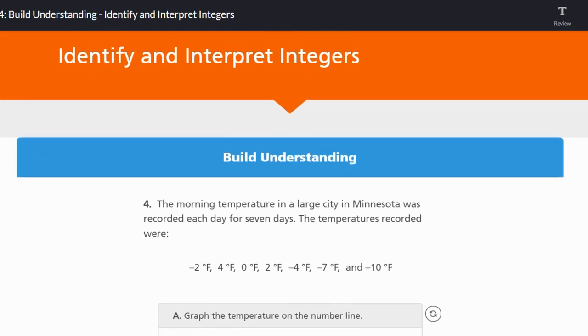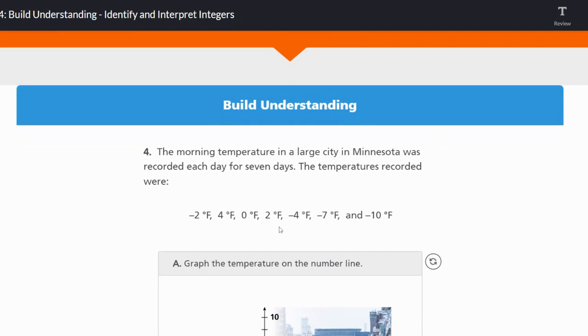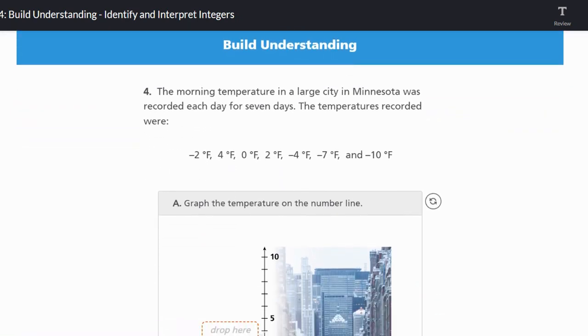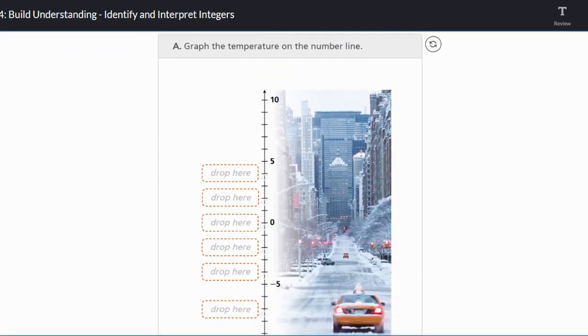Almost done. The morning temperature in a large city in Minnesota was recorded each day for 7 days. The temperatures recorded were -2 degrees Fahrenheit, 4 degrees Fahrenheit, 0 degrees Fahrenheit, 2, -4, -7, and -10.